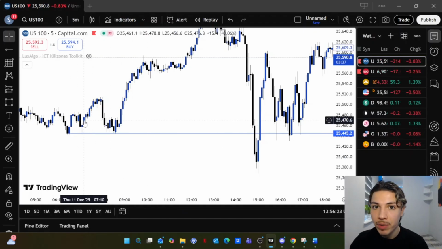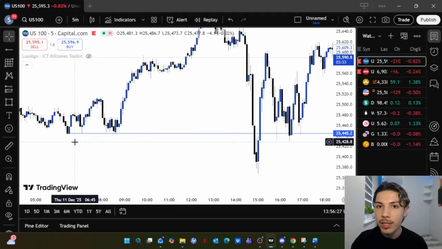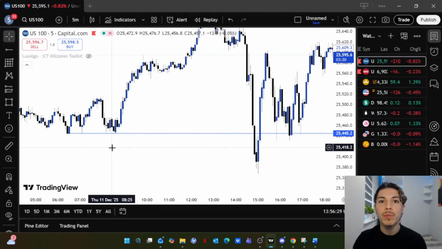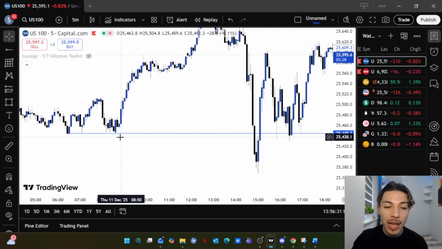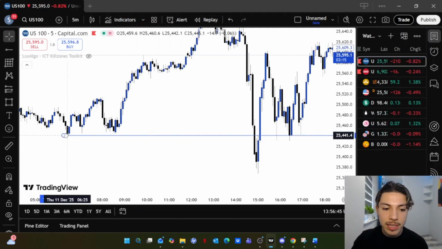Now, there's something really important about this, and it's, do the equal lows or do the equal highs have to be perfectly equal? As in, do they have to be equal to the exact point? Not necessarily. That's why we also have the term relatively equal highs and relatively equal lows. For example, in this case, we can see that this low right here isn't equal.